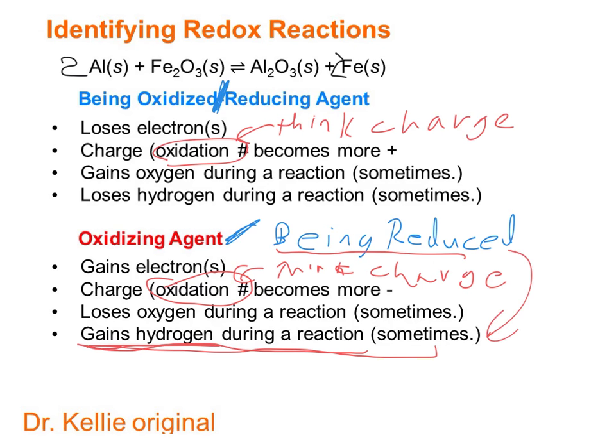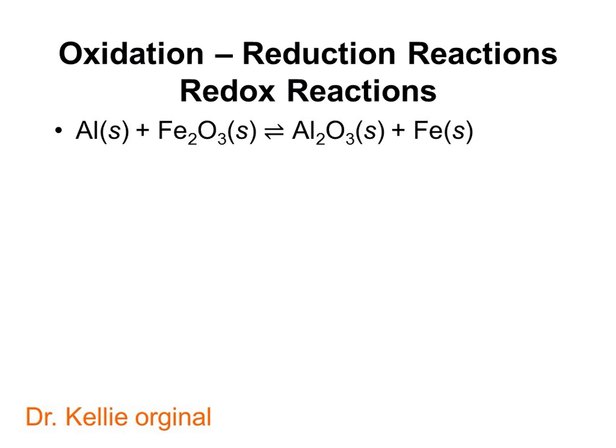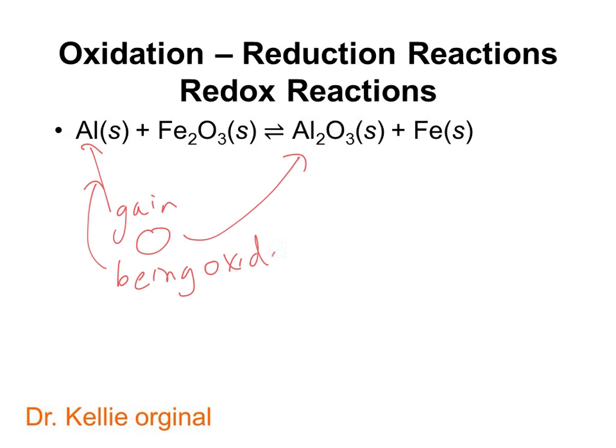All right, let's take a look at these clues in the context of our favorite reaction. If we look at our favorite reaction here, we can see that during the course of our reaction, aluminum is gaining oxygen. So that's a clue that aluminum is being oxidized in this reaction.